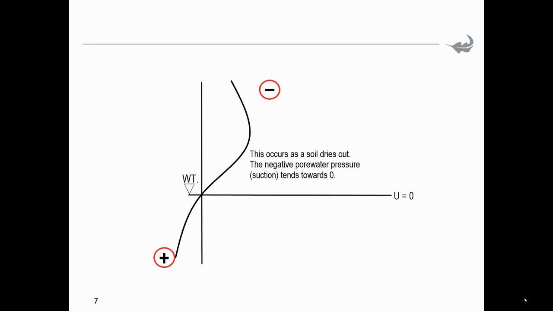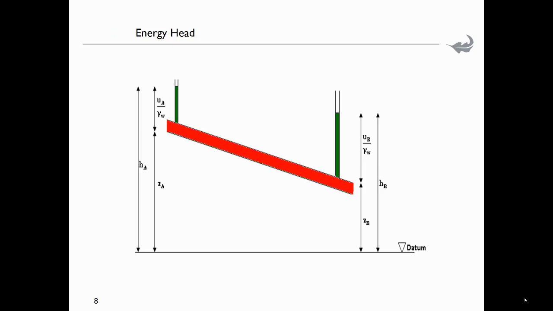When the soil dries out, the pore water pressure goes towards negative, and then it tends to go back to 0 when the soil dries out. So if we take this example, the red layer, let's say it's a layer of soil, a permeable layer between impermeable layers.